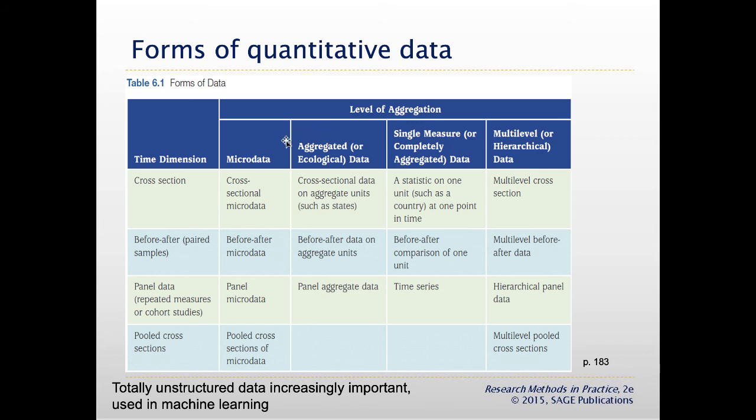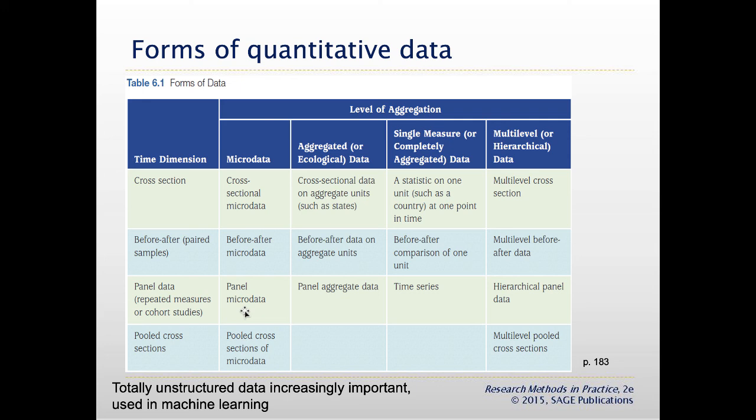So now I want to go back to this and put this all together. So you have both dimensions. So you can imagine that, oh, I had cross-sectional data, right? I have microdata, but I have it before and after. So like I have student data, I have how they did on a test before we did some interventions, some way to improve our teaching, and then I see how they are afterwards.